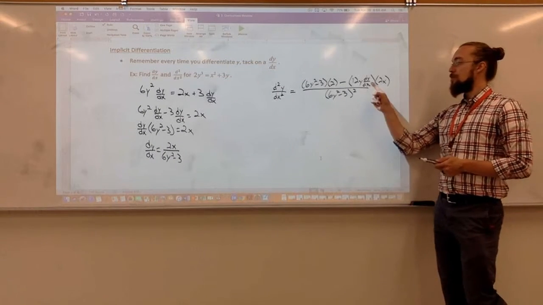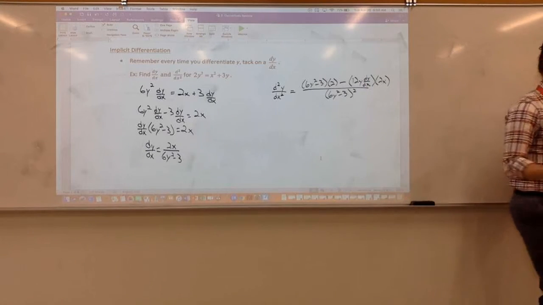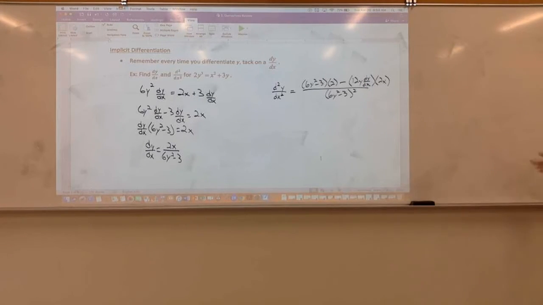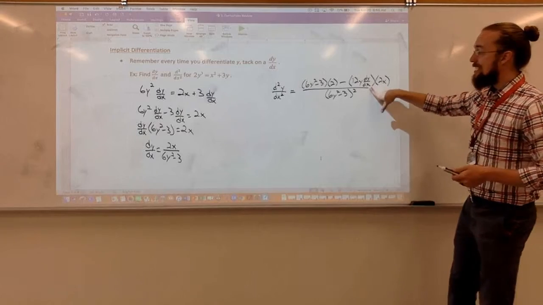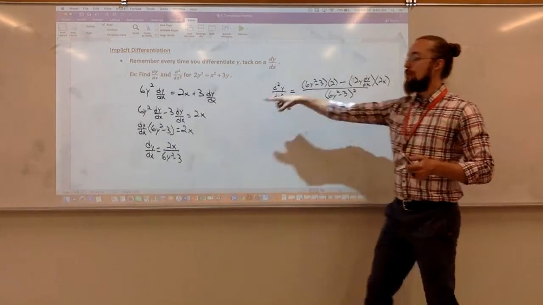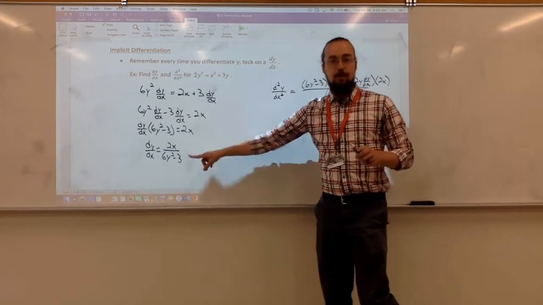The final step is we want our second derivative just in terms of x's and y's. So I want to replace dy/dx with what I already know dy/dx to be.